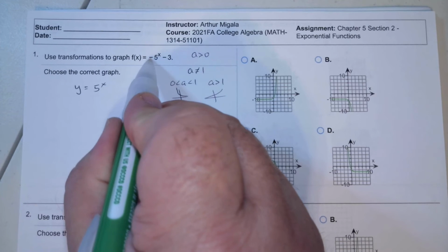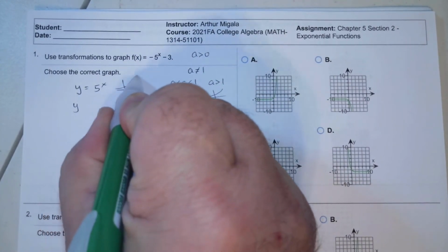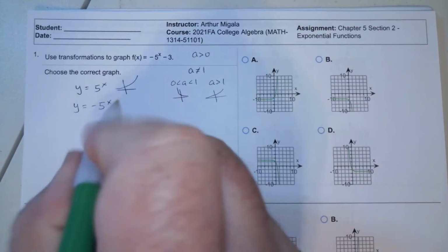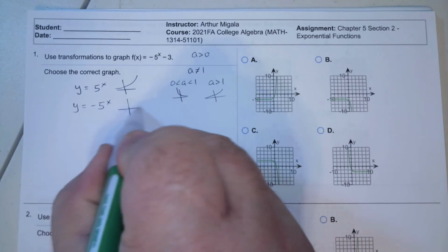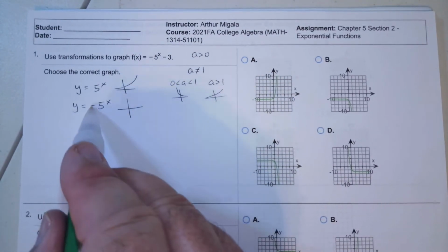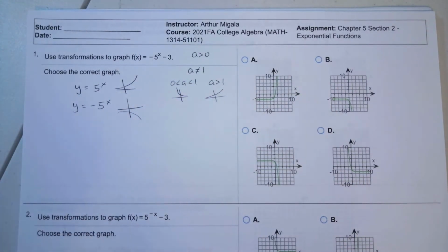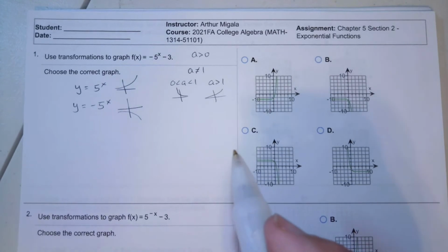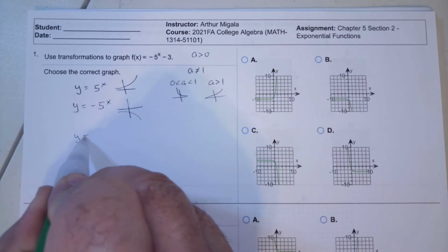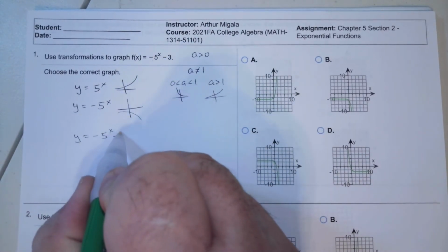The first thing we do, there's a negative in front. So we know the first function looks like this. But there's a negative out front, so it means this is positive, and when I put a negative, it's now negative. That's the first transformation. Now the second transformation is it goes down 3.